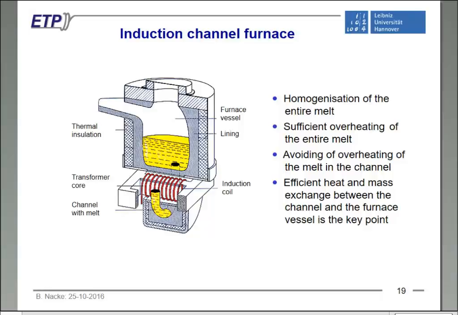On the other hand, this kind of furnace doesn't have the strong stirring of an induction crucible furnace. So in any case, we have to homogenize the entire melt, and we have to look for an efficient heat and mass exchange between the channel and the melt in the furnace vessel. That is the key point for the operation of such a furnace.